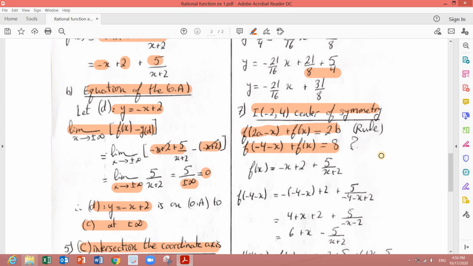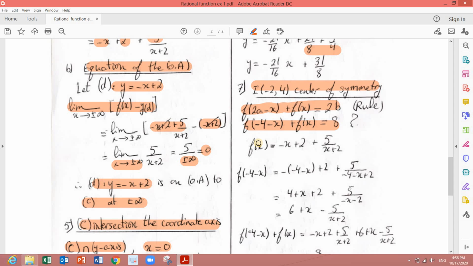To verify this equality, it is better to use the other form of f of x. We can replace the given form of f of x, but it is easier to use f of x equals minus x plus 2 plus 5 over x plus 2.